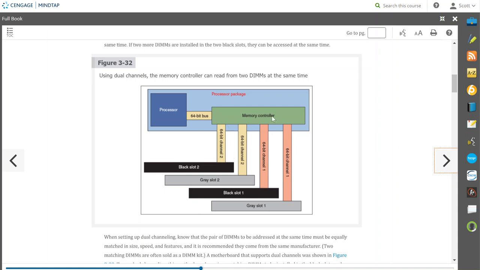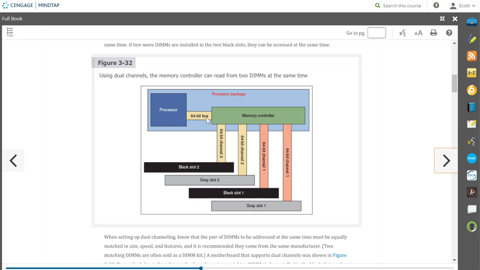So we've got a memory controller. So let's say it's a 64-bit bus, 64-bit system. So my memory needs to be able to work on 64-bit. Processor's got to be 64-bit. The motherboard is a 64-bit bus motherboard. So all these things, it matters. Speed matters. So with that said, we've got the processor.